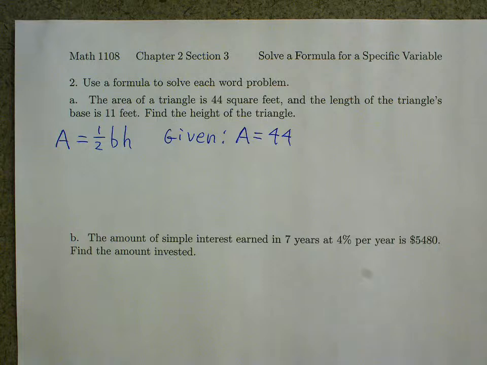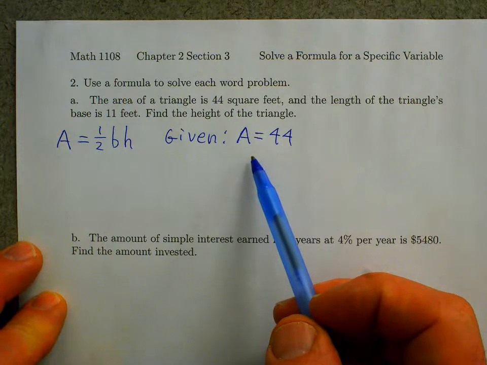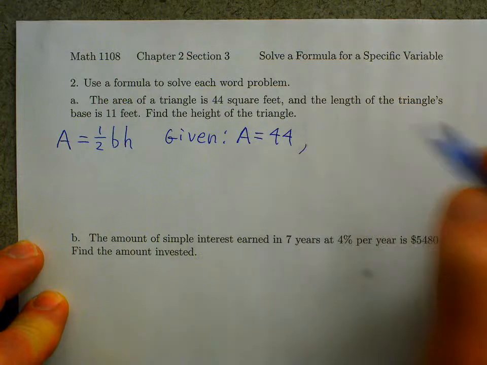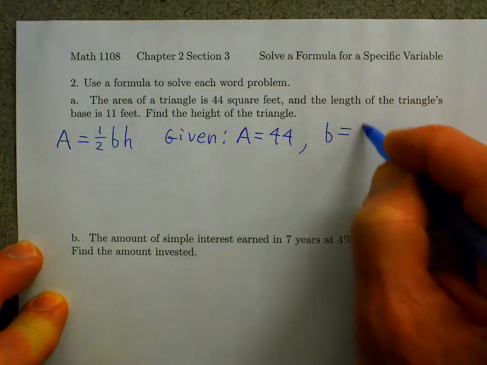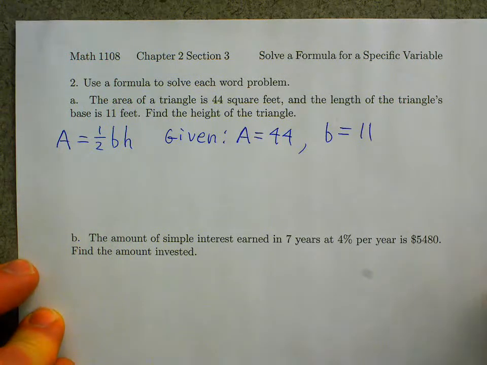And then afterwards, when we get our final answer for the height, we'll include the units at that stage. So we're given the area, and what else are we given? We're given the base. So B is equal to 11 feet. And we want to find the height.